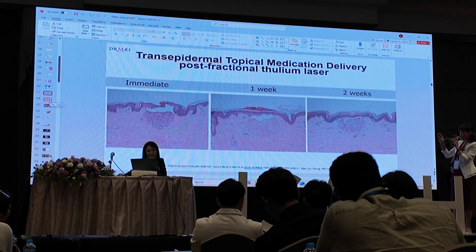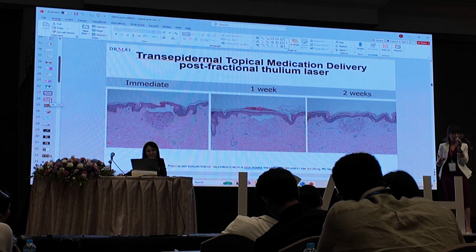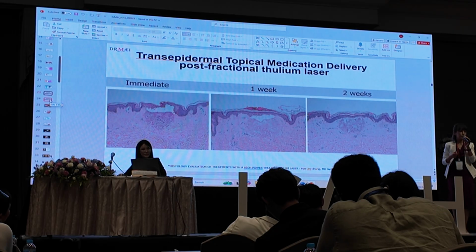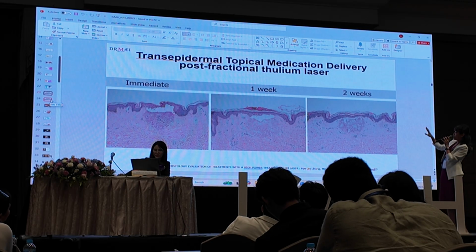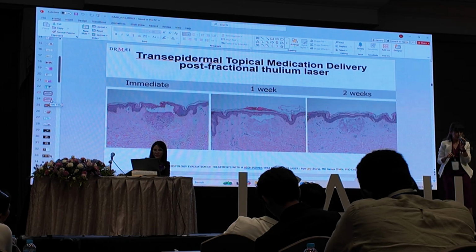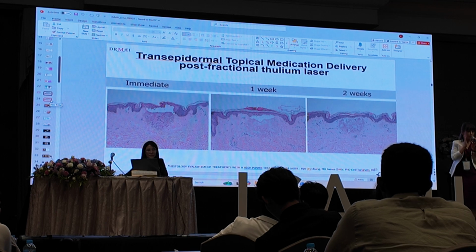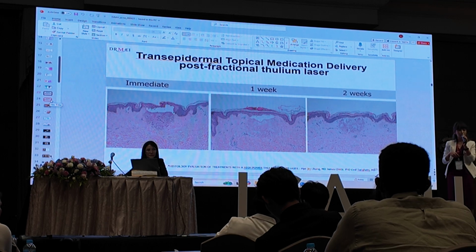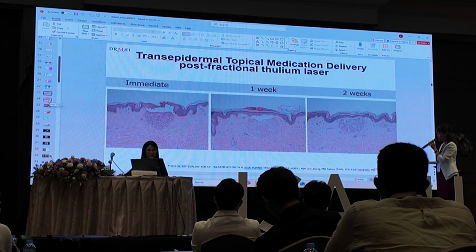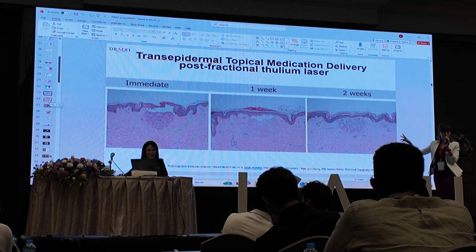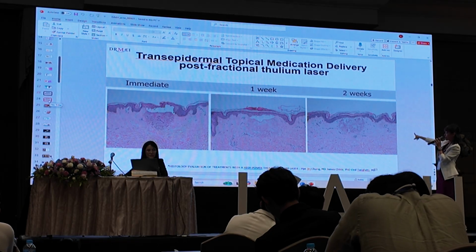By creating the wound in between the dermal and epidermal layer, we are not just talking about resurfacing of skin, but also about increased transepidermal topical medication delivery, which means that anything we put on the skin after the laser can be absorbed better, more efficiently, and longer, because the wound between the dermal and epidermal layer can last up to 2 weeks.